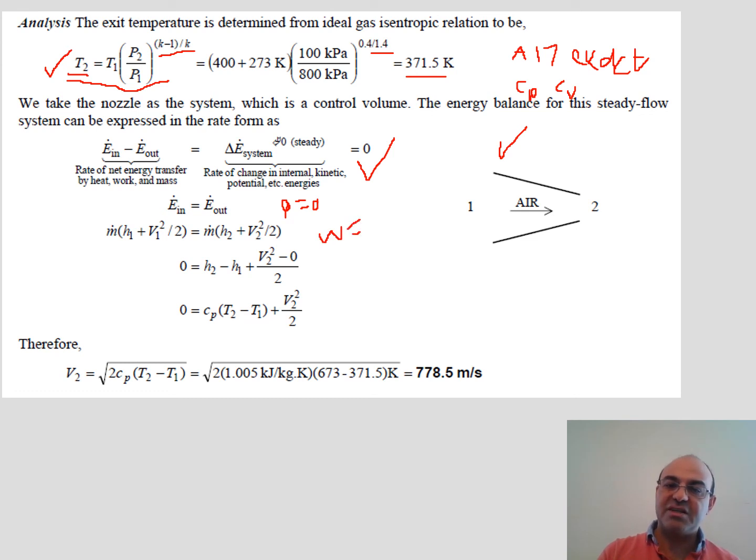You need to mention that. Energy in is therefore due to the enthalpy coming in and the kinetic energy, which was set to be neglected, since it was said to be low. And then at the outlet, you have the enthalpy at the outlet and the kinetic energy at the outlet.